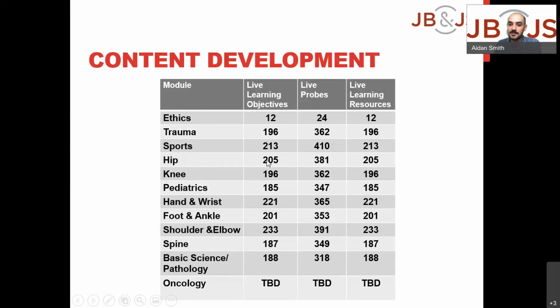And each learning objective typically has 2 probes. And so these probes are just questions about the learning objective. And then after you answer a probe, you have access to the learning resource. It's essentially added explanation about the question, and then also some literature for you to click on and explore as well. So these are the numbers here, but essentially it's over 4,000 questions.